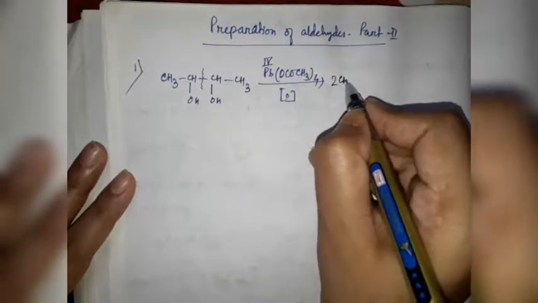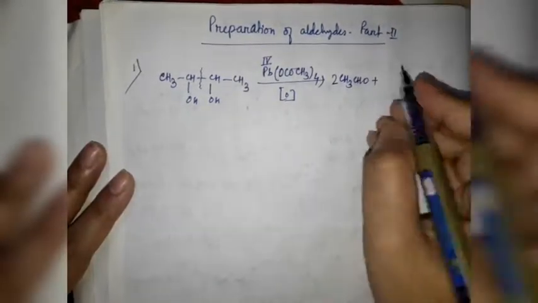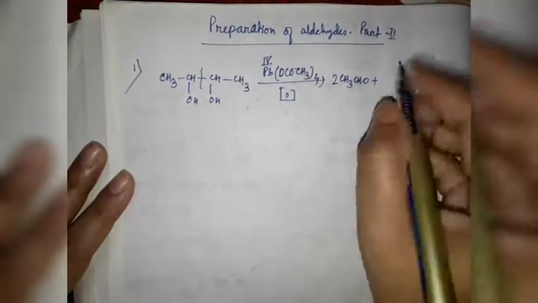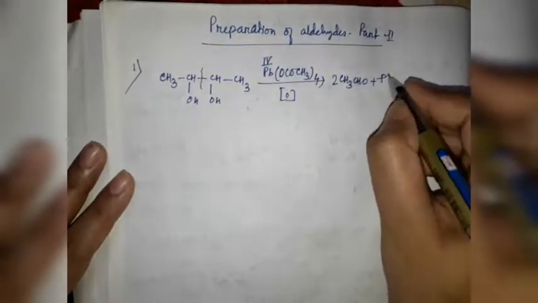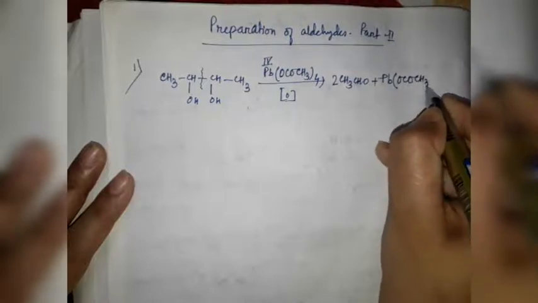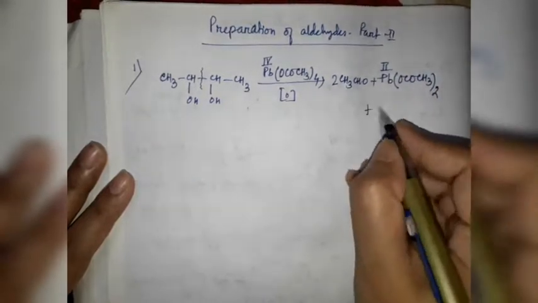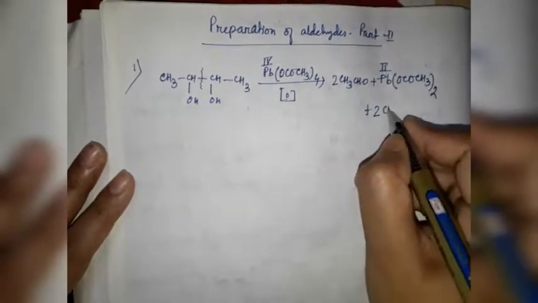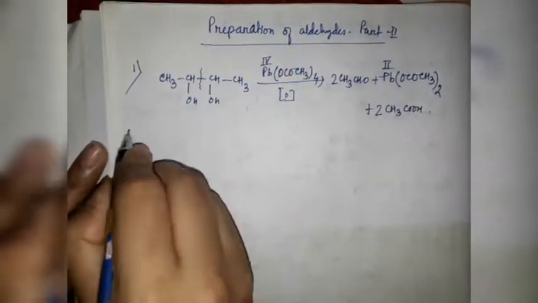So 2 molecules of acetaldehyde we are getting, along with, of course, this is the oxidizing agent so this will be reduced, Pb(OCOCH3)2. Here you can see the oxidation state is +2. Along with this we are getting 2 molecules of acetic acid.